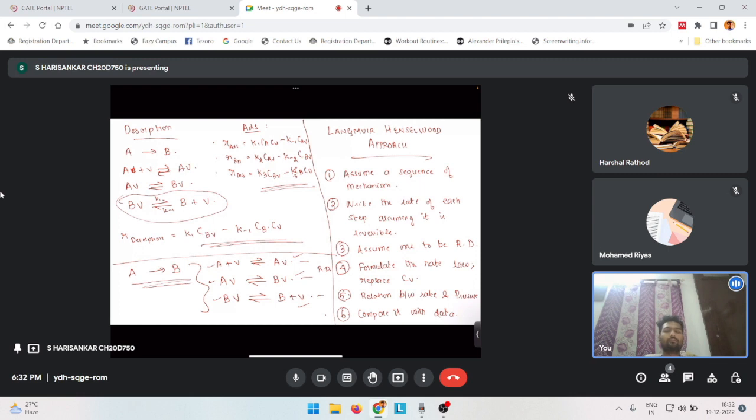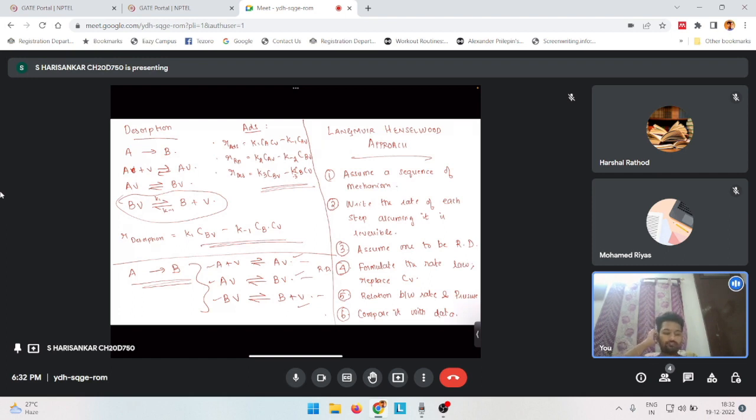Then assume one of these steps to be rate determining, and using that, formulate the overall rate law. Using this rate law, you find a relation between the rate of reaction and pressure, and then compare it with the data that you have. So this is the Langmuir-Hinshelwood approach.